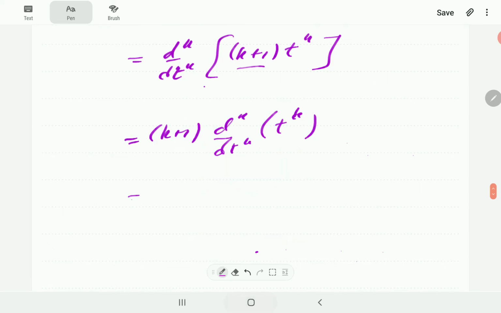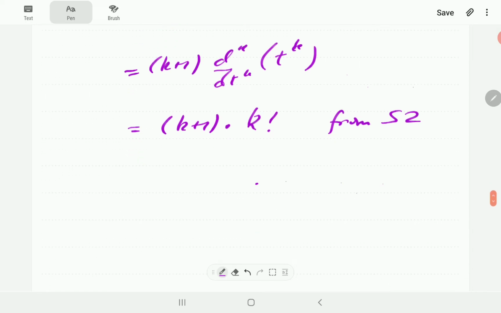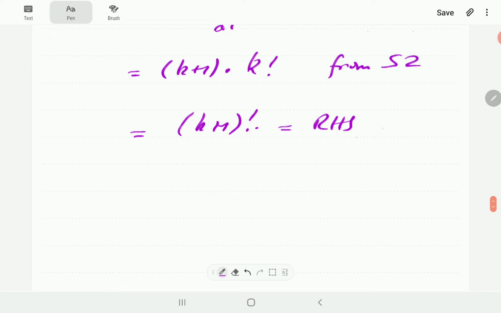So going back to this one, this is going to be k plus 1 times k factorial from step 2. But k factorial times k plus 1 is k plus 1 factorial. And this is now the same as the right-hand side. So that tells us that the formula is true.